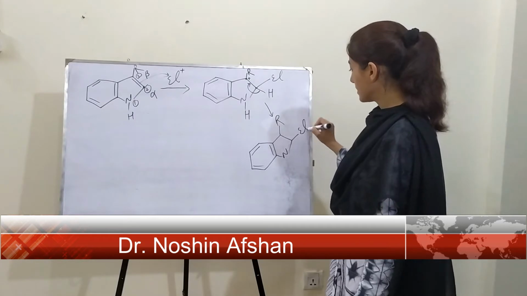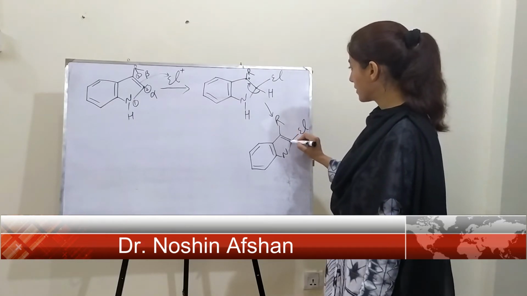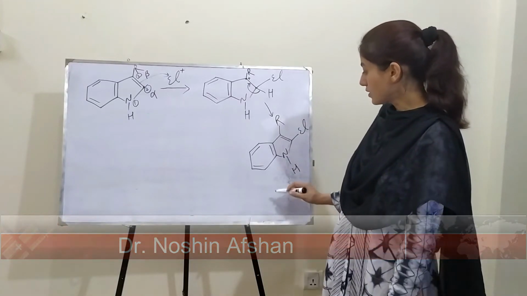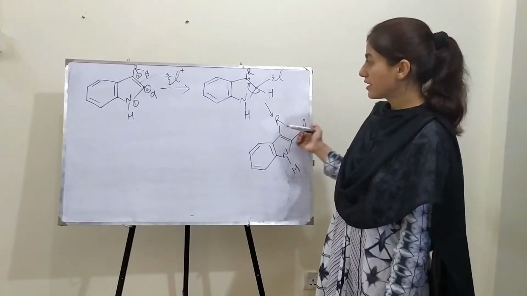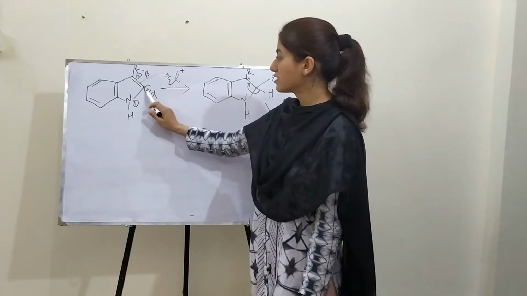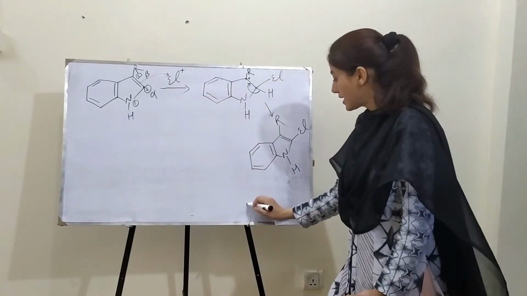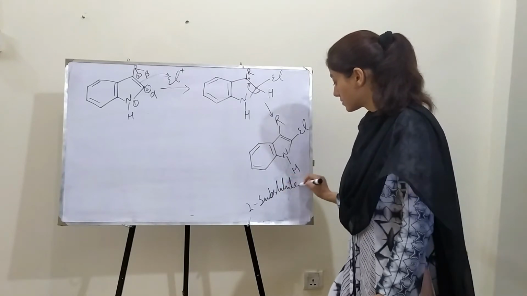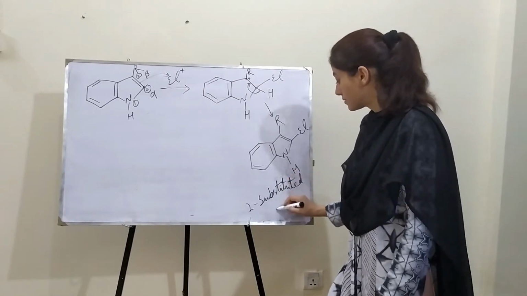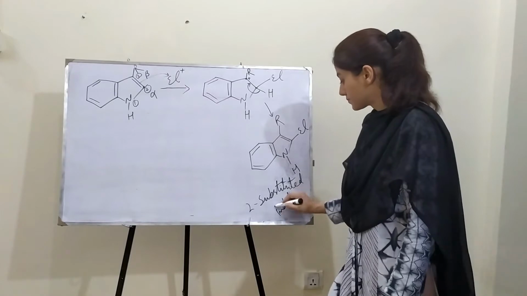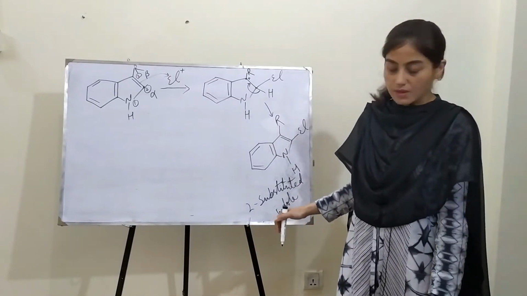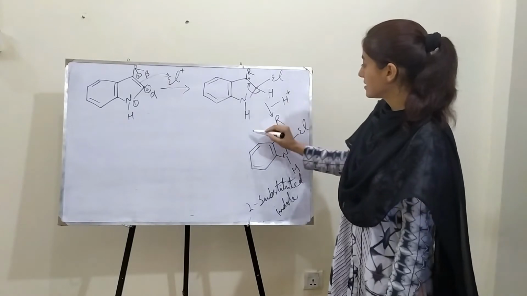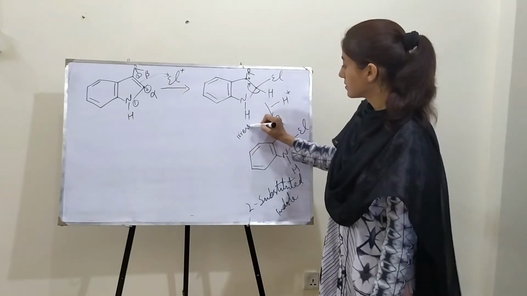Here it is electrophile and here a double bond is being generated. This is hydrogen. So this is our final product in the case of electrophilic attack at 2 position. We say it the 2 substituted indole. Okay, and this step where proton gets eliminated, this is irreversible.